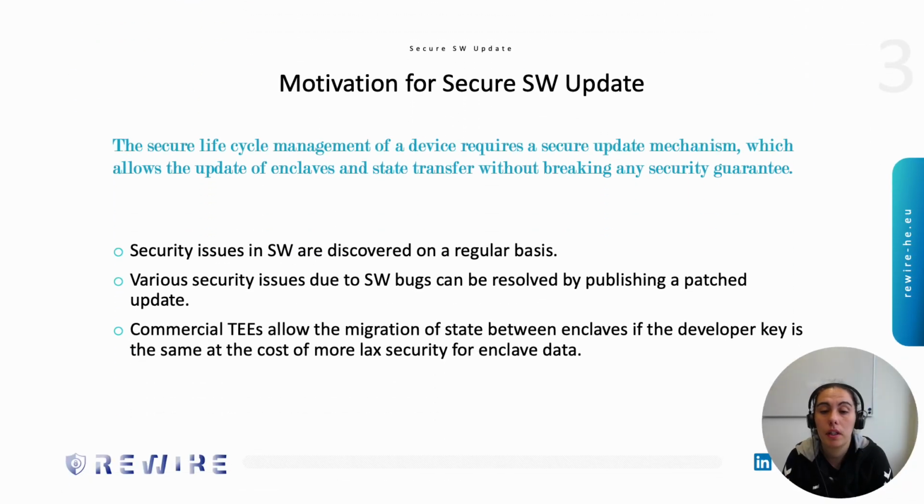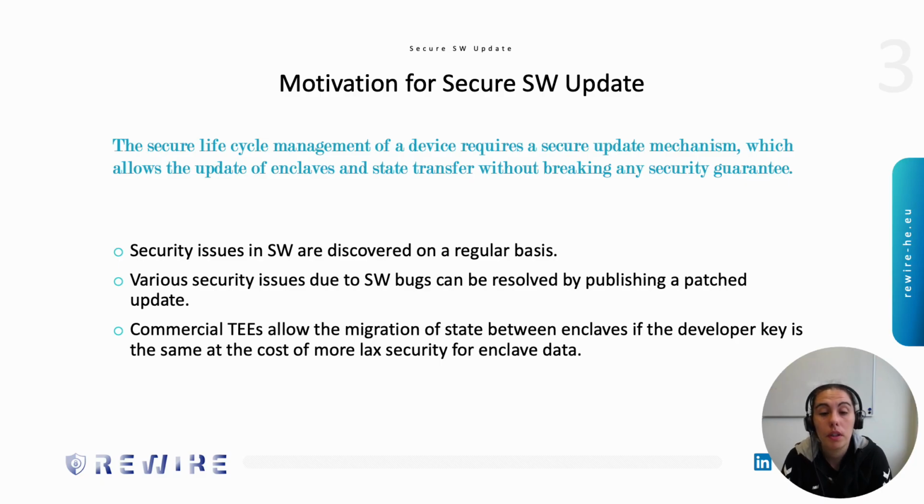Therefore, the secure lifecycle management of a device requires a secure update mechanism, which allows an enclave to be updated and its state or data to be transferred to the following versions without breaking any of the security guarantees that the enclave system is providing.